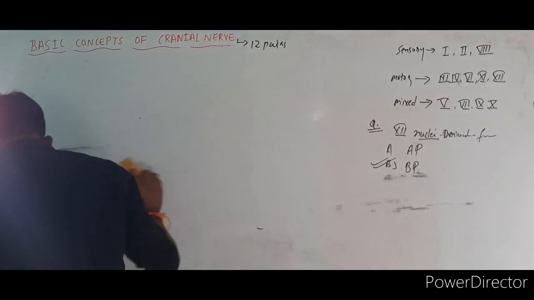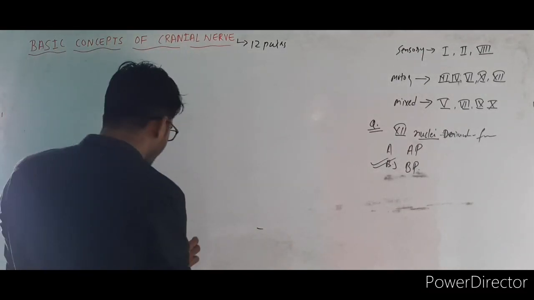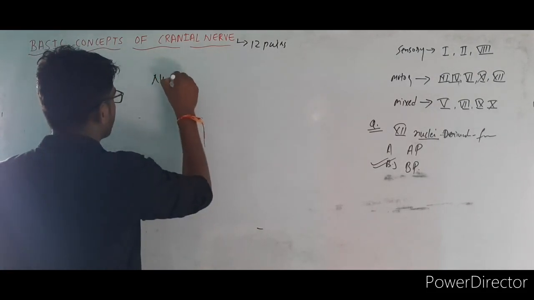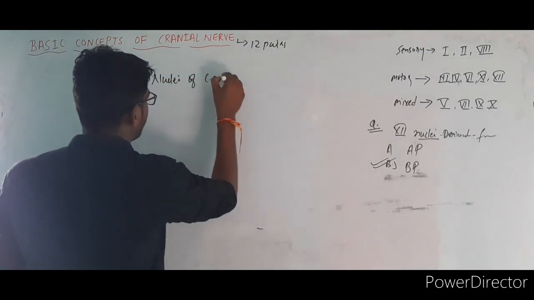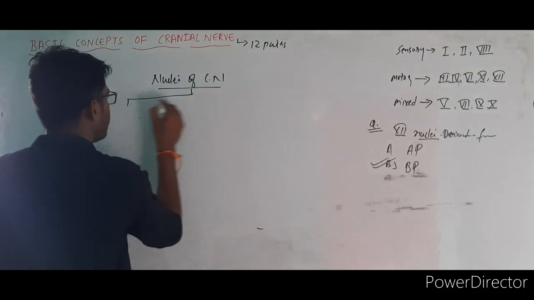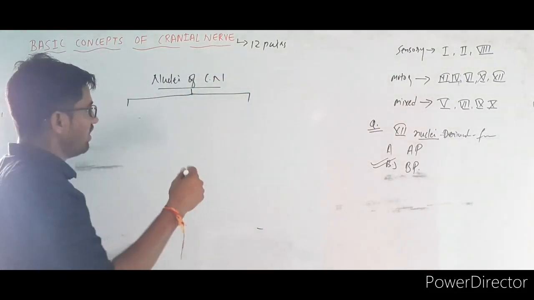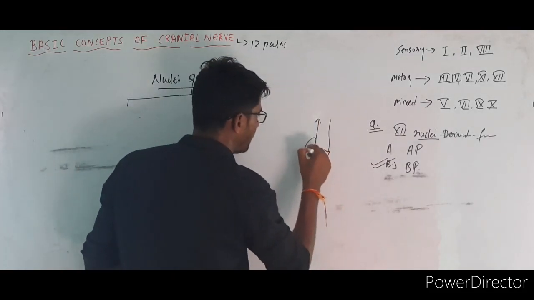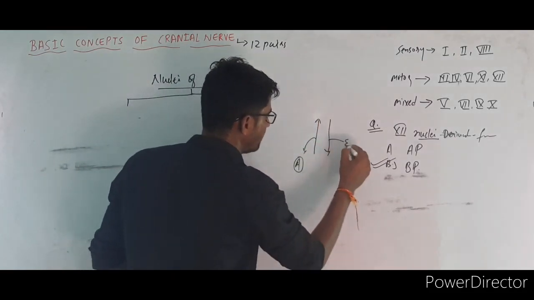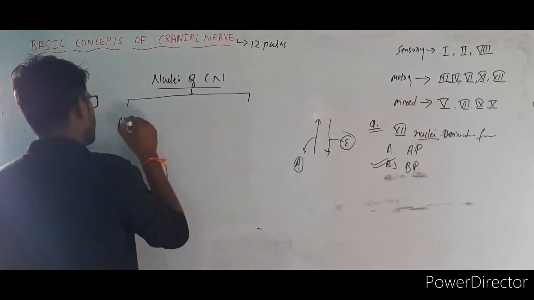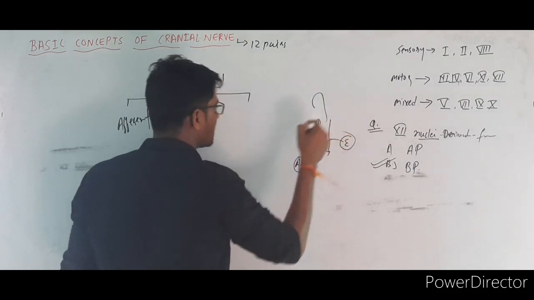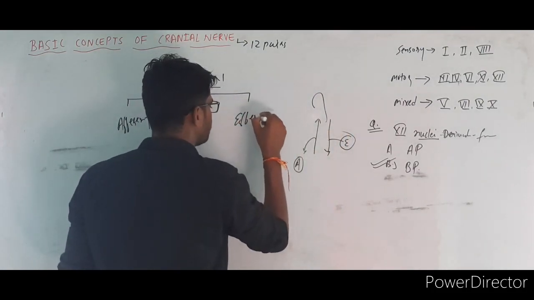Before that, you know the nuclei of the cranial nerve, right? Nuclei of the cranial nerve are of two types. One is where sensations are going, and one is where they are coming. Going is afferent and coming is efferent, right? Sensations carried from the central nervous system are called efferent.